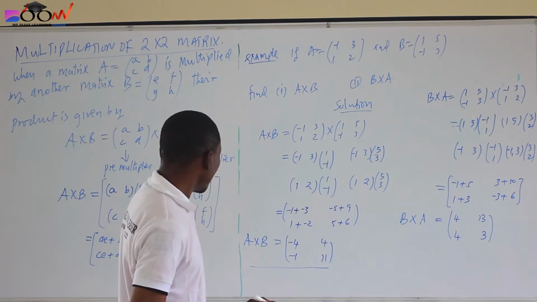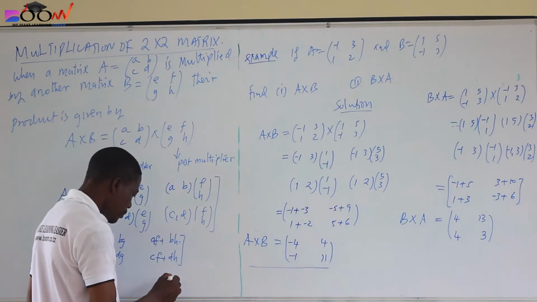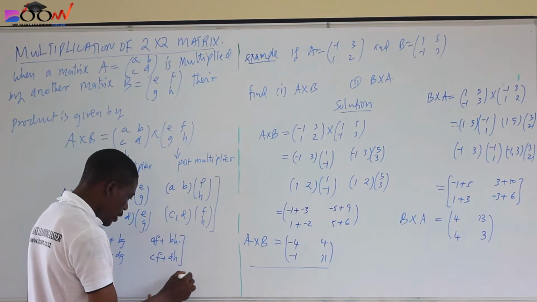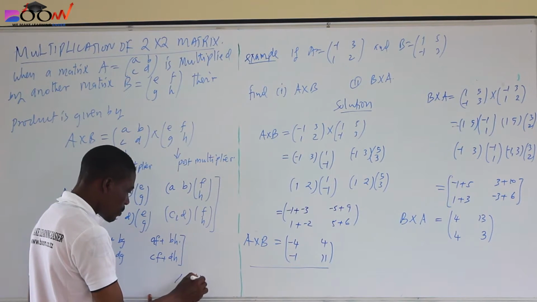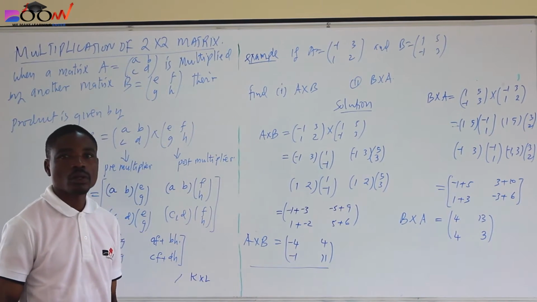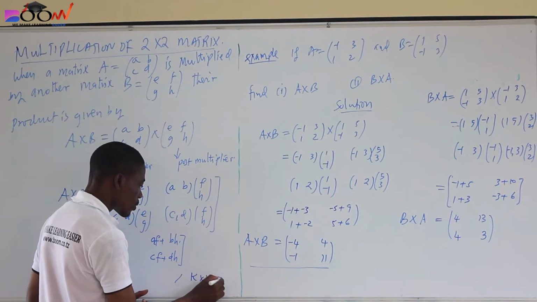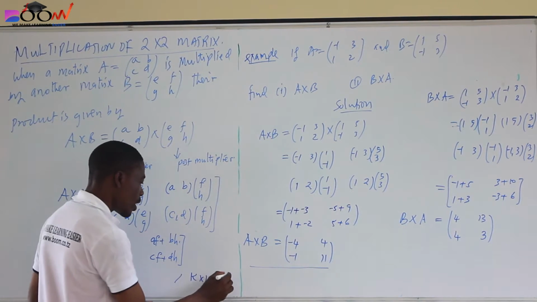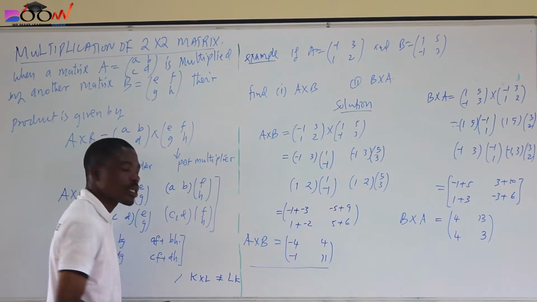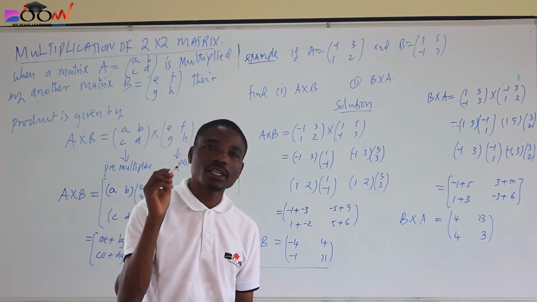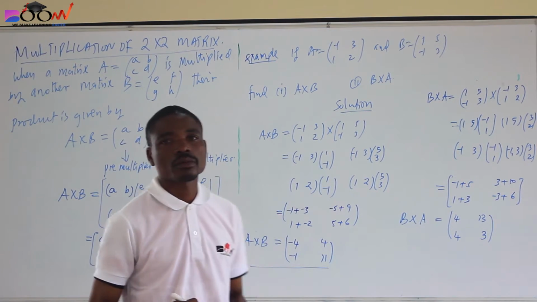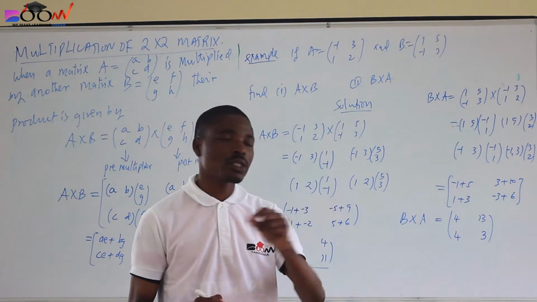We say that when you multiply a matrix K times L, it will not equal L times K. But in a rare case, they can be equal. Normally they are not equal.